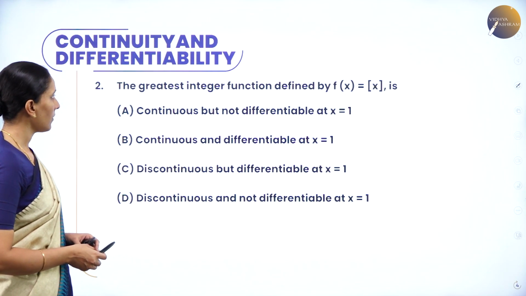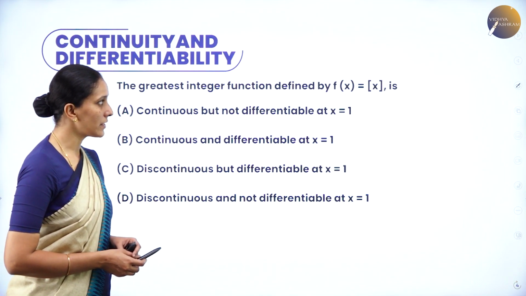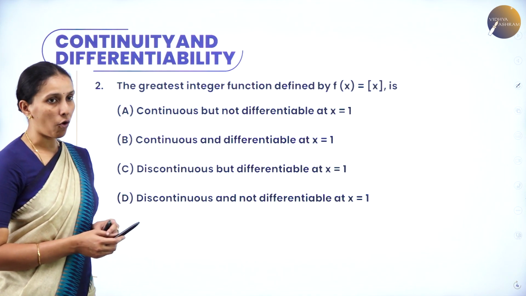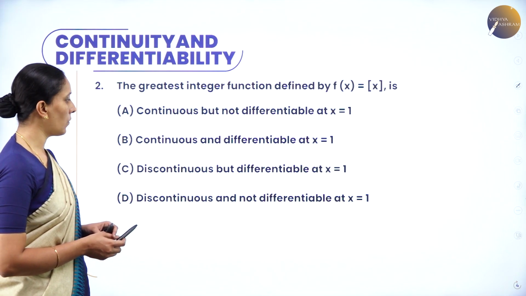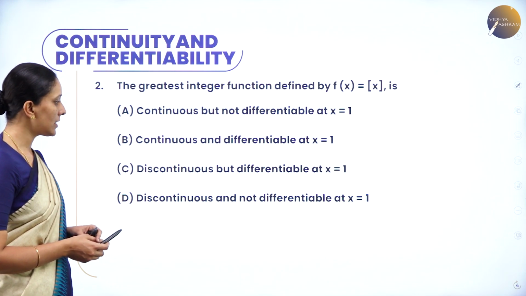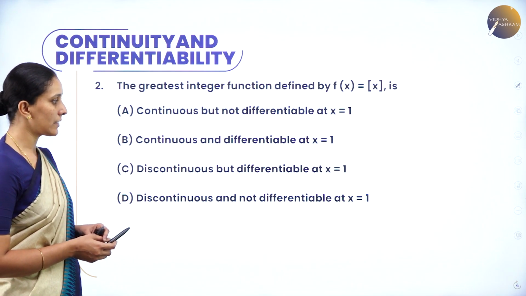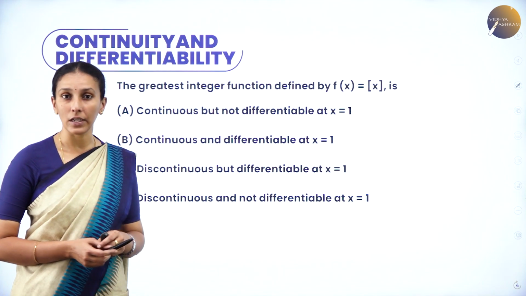Next. The greatest integer function defined by f of x equal to greatest integer of x is: continuous but not differentiable at x equal to 1, continuous and differentiable at x equal to 1, discontinuous but differentiable at x equal to 1, discontinuous and not differentiable at x equal to 1.